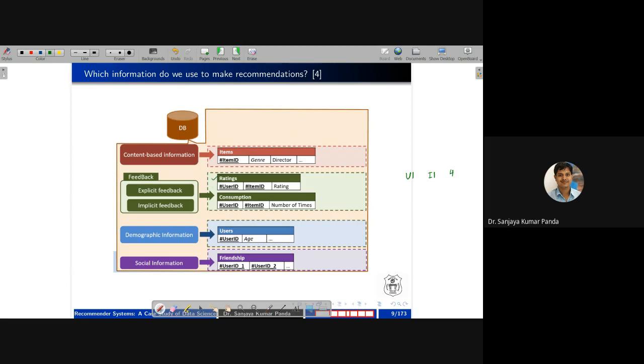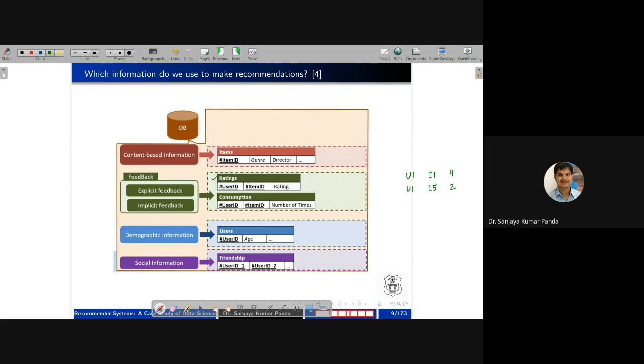So you can insert that into the rating table. Suppose user U1 purchased another item, let's say I5, and rated 2 out of 5. That you can enter into the table. So whenever a transaction happens and the user rates that particular product, you can maintain that in a particular table.